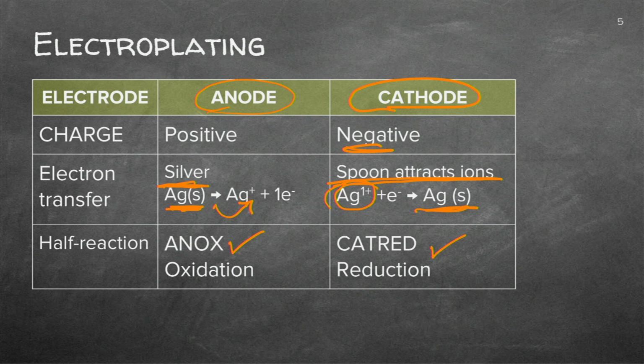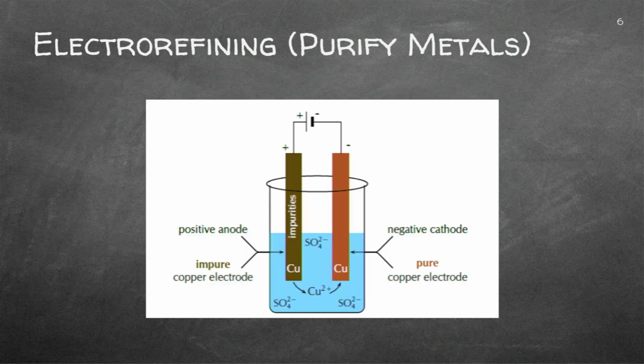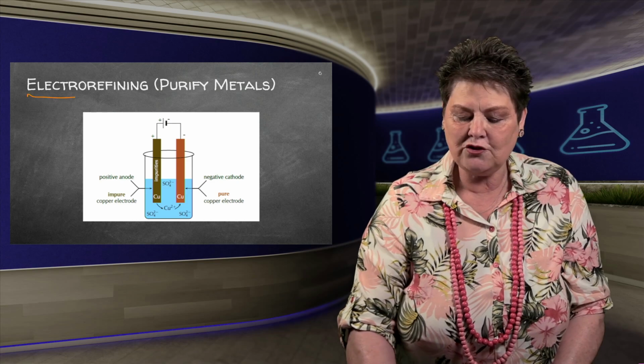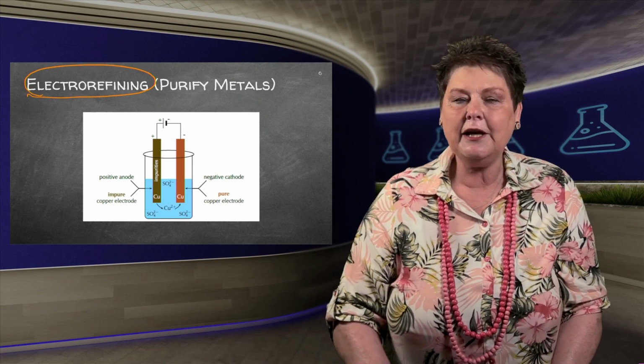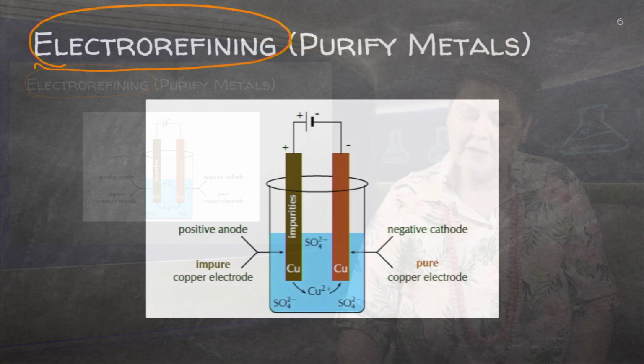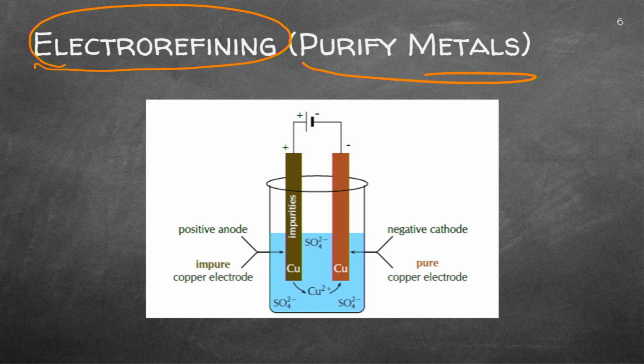A second way of applying electrolysis is electrorefining. What we're going to do here, and we've covered a little bit of this in a previous lesson, is purify metals. So what we have here is an impure copper. I've got a piece of ore here, and it's impure.